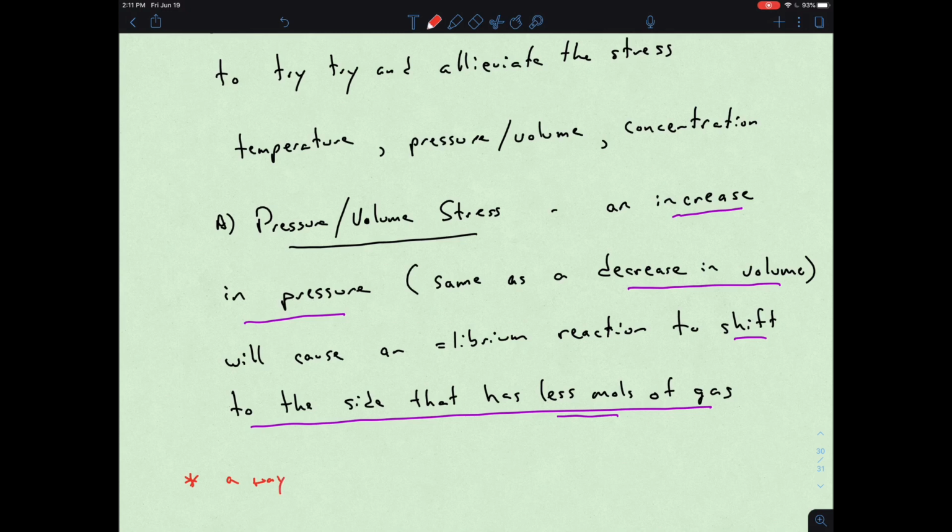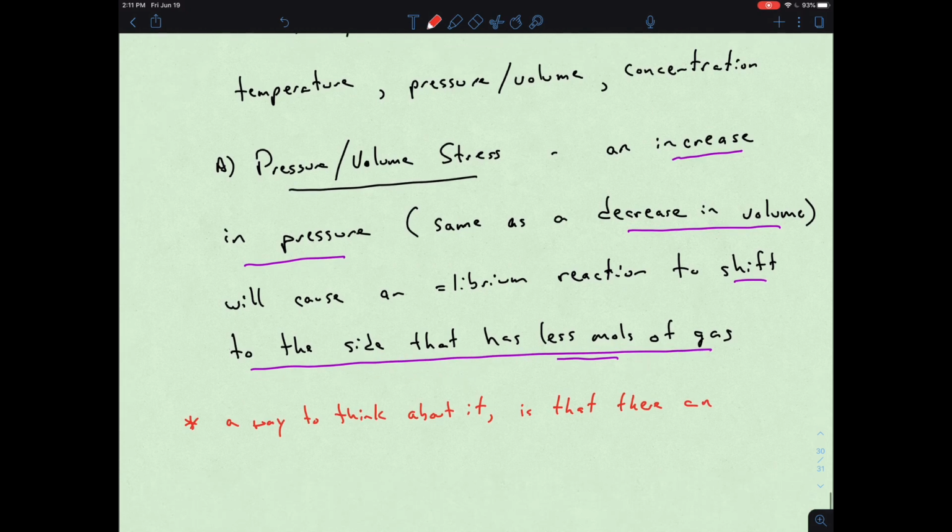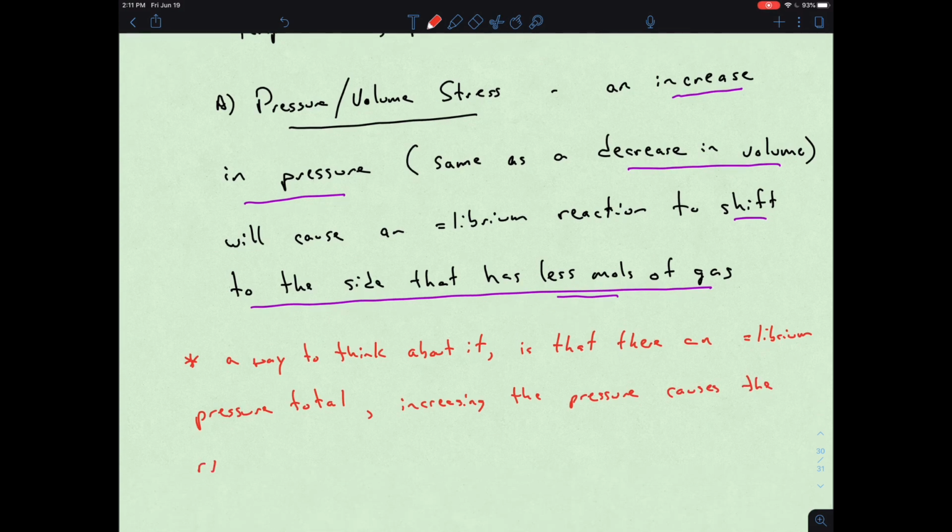A way to think about it is that there is an equilibrium pressure, the total pressure. Increasing the pressure causes the reaction to reduce the pressure.